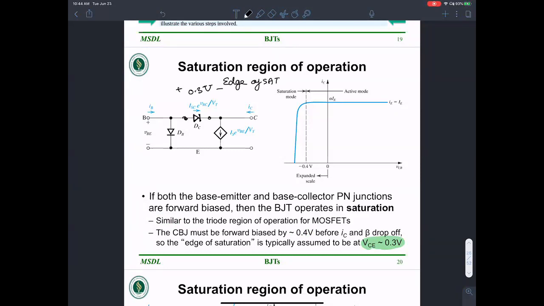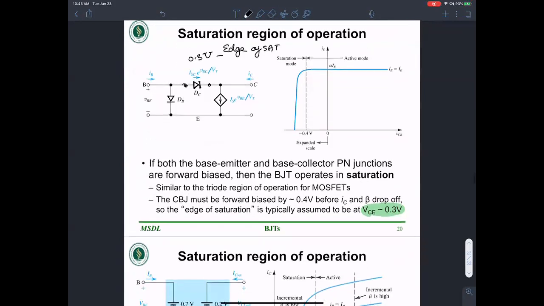If the voltage goes up, then we go into the linear region. If the voltage goes down, we go into deep saturation. I'll show that to you when we show 0.2 volts for deep saturation. Edge of saturation is when the voltage across these two terminals is 0.3 volts.